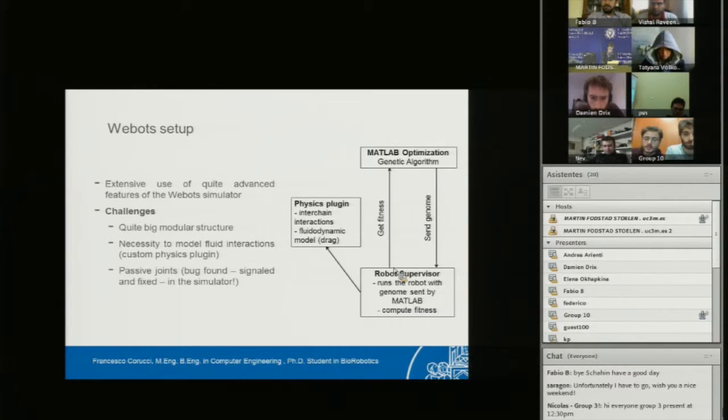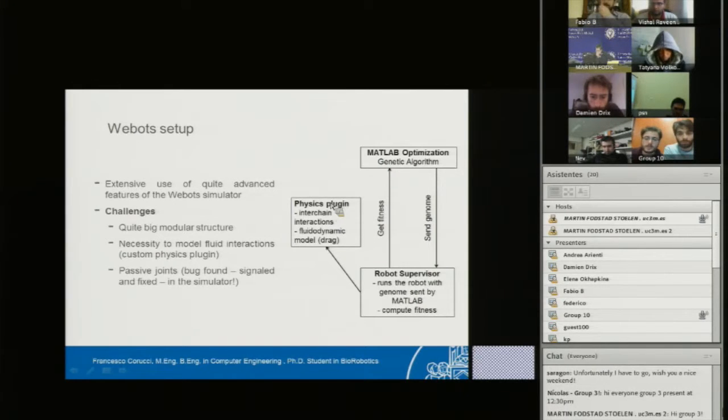Then there is also an interaction, quite particular, between the robot supervisor and the physics plugin. The robot supervisor sends some parameters to the physics plugin that is in charge of modeling interchain interactions and implementing the fluid dynamic model.